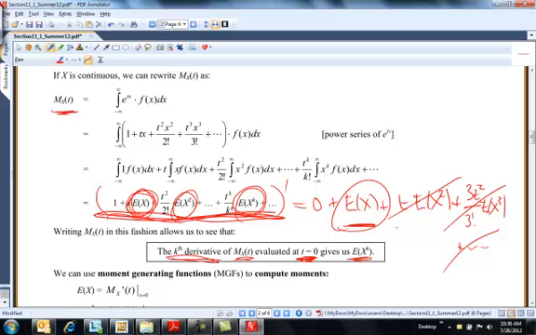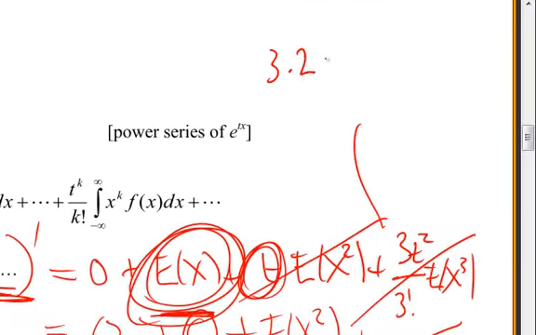Same way, if I take the second derivative, this is still 0. Expected value of x is a constant, so this is 0. Take second derivative of this, there's a t in front of that now, so we get expected value of x squared. Now, I don't have a place to write this, but the derivative here would be 3 times 2 times t to the first over 3 factorial, expected value of x cubed.